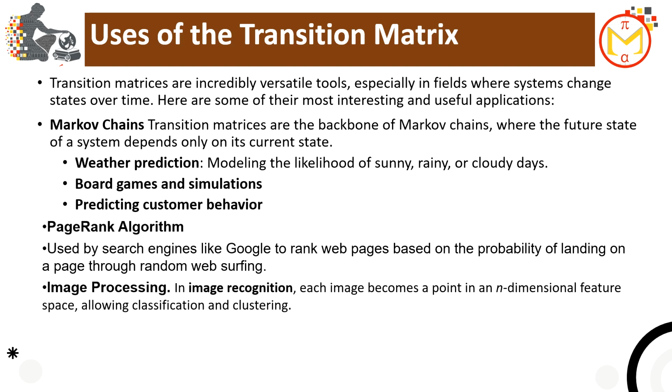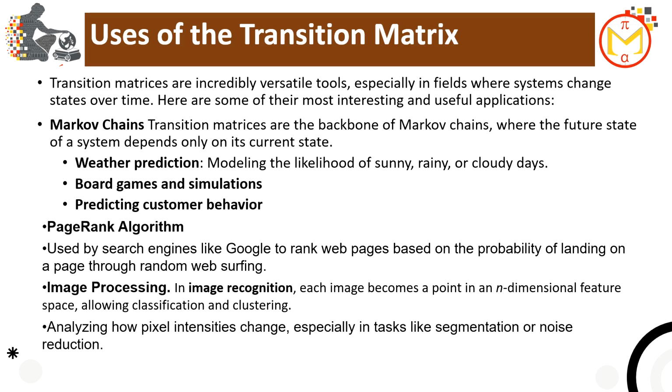Image processing. In image recognition, each image becomes a point in an n-dimensional feature space, allowing classification and clustering. Analyzing how pixel intensities change, especially in tasks like segmentation or noise reduction.